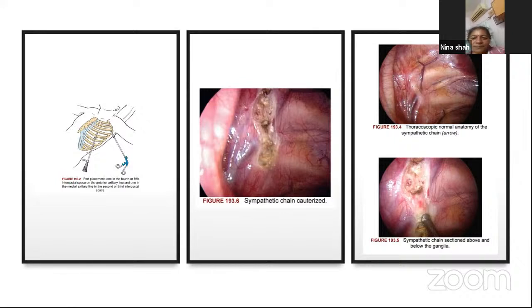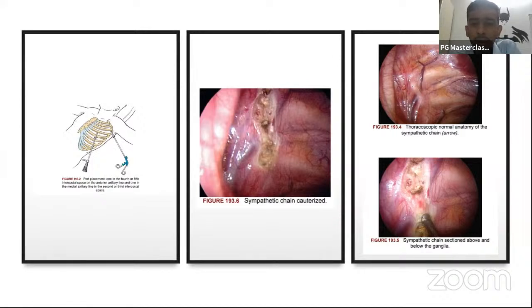Yes, ma'am. So once the parietal pleura, as we can see here, is incised at the particular level, in cases of the upper limb with hyperhidrosis, only T2 to T4 sympathectomy is done. But in cases where we are doing it for Raynaud's, even the superior cervical ganglion is included.